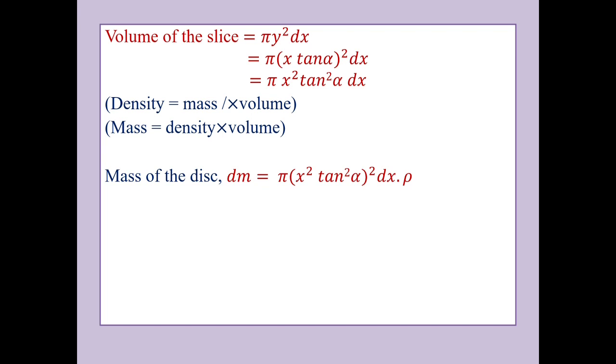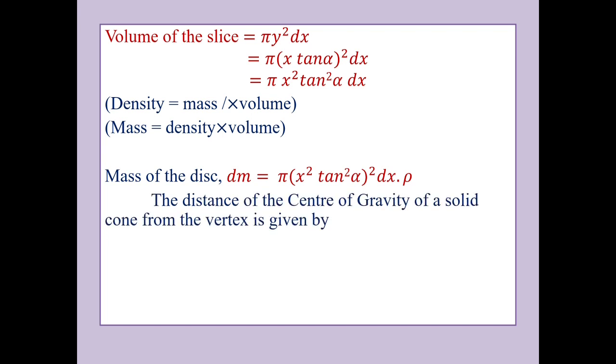To find the mass of the disk, we have density and volume computed here. So the mass of the disk dm is equal to pi x square tan square alpha dx into rho.